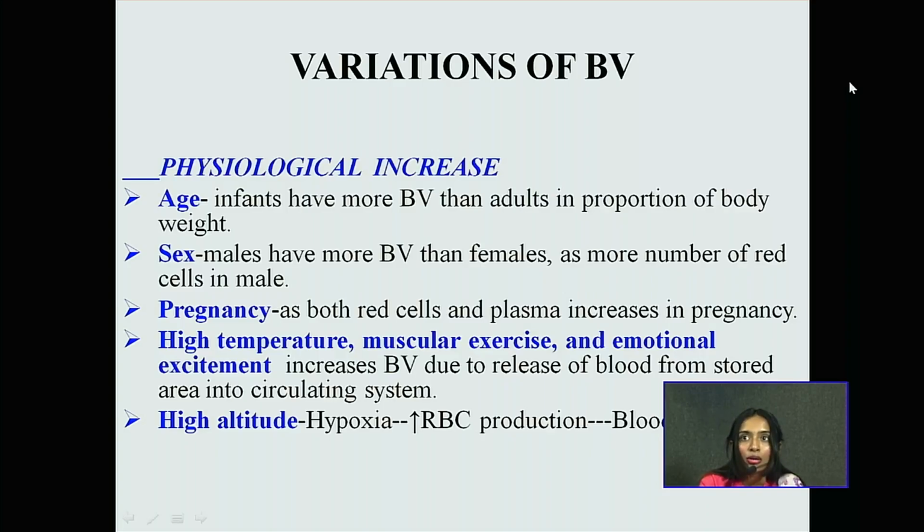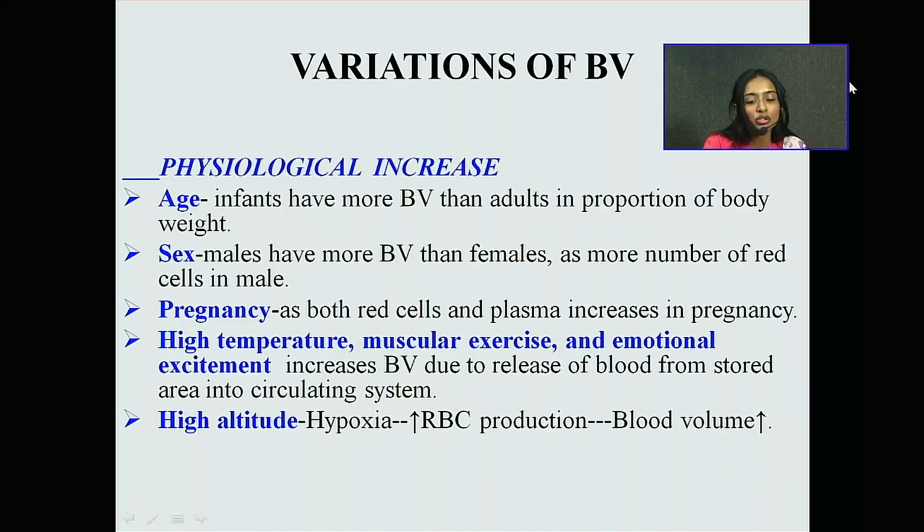Physiological increase. There can be an increase or decrease in the blood volume. So these are the physiological increases in the blood volume. Age: infants have more blood volume than adults in proportion to body weight. Sex: males have more blood volume than females as there are more RBCs in males. Pregnancy, as both red cells and plasma increase in pregnancy.